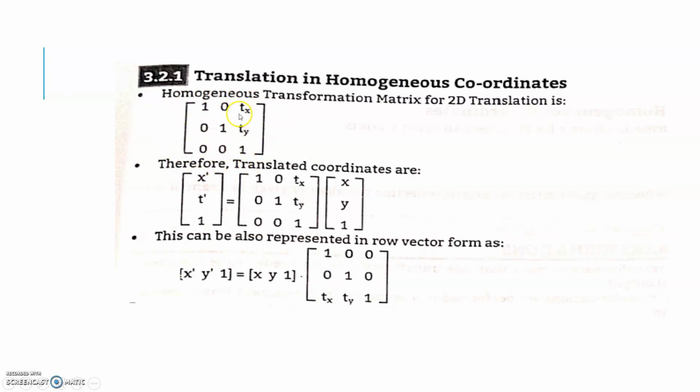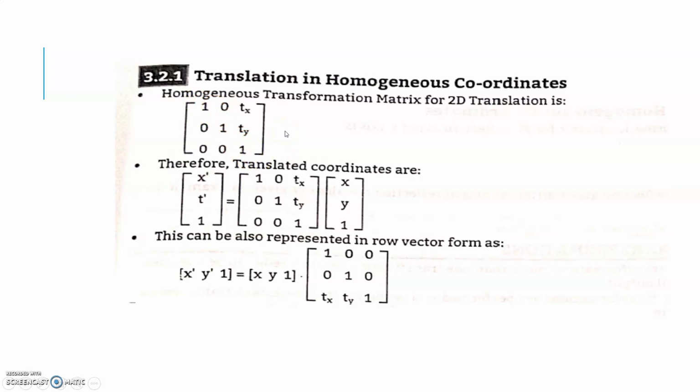Here is your Tx and Ty. Tx is the translation of that particular point along the x-axis, and Ty is the translation of that point along the y-axis. And as you are using a homogeneous coordinate system, you have to write here 1. The value of w is 1.